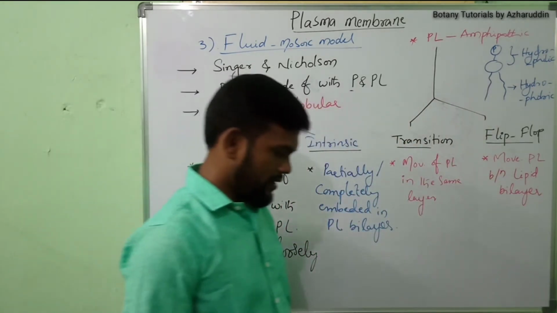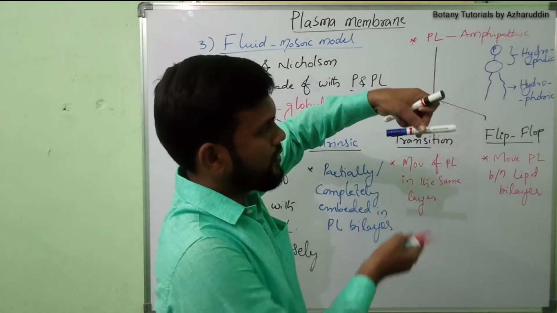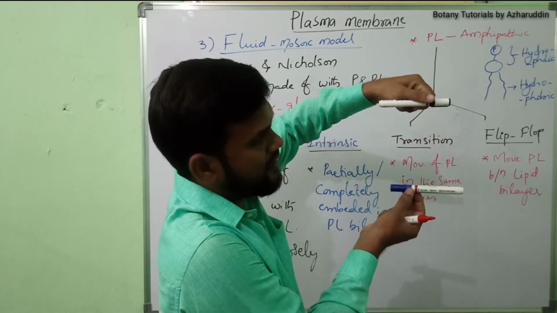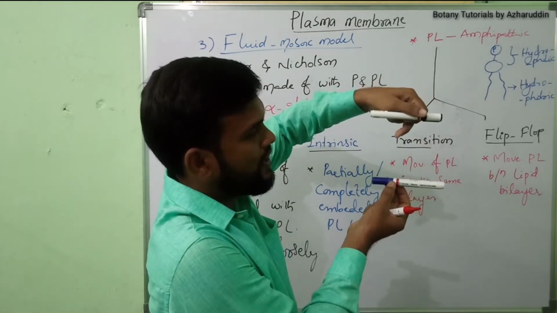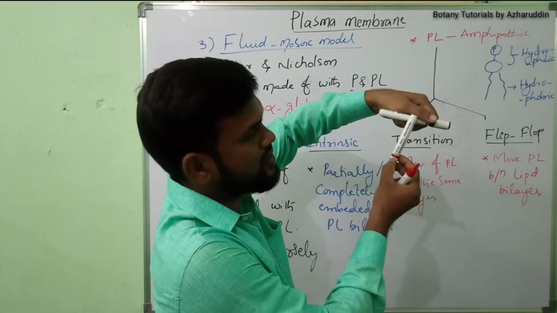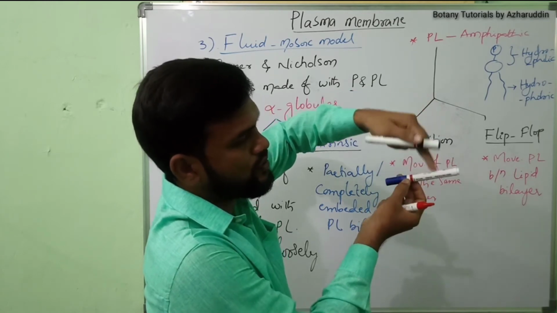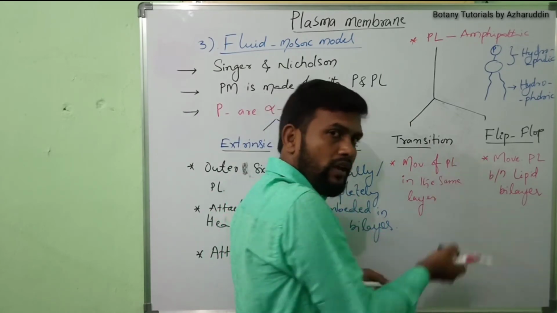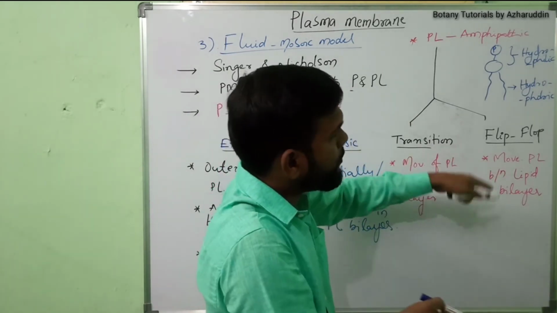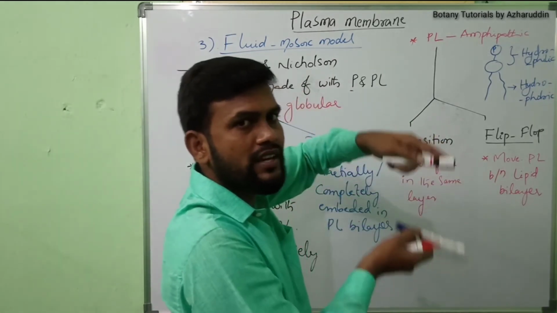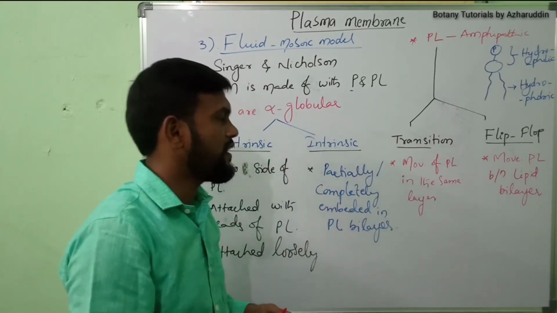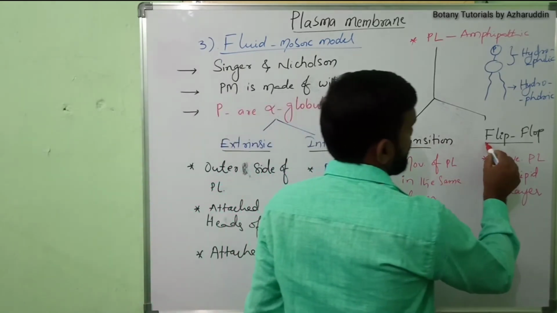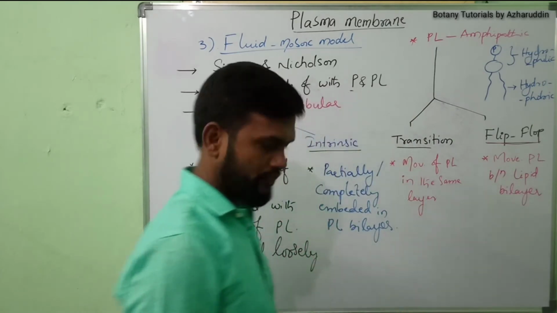This is one layer and this is another layer. In these two layers, phospholipids are moving from this layer to this layer and from this layer to this layer. Between the two layers, phospholipid molecules exchange takes place. That type of movement is called flip-flop movement.